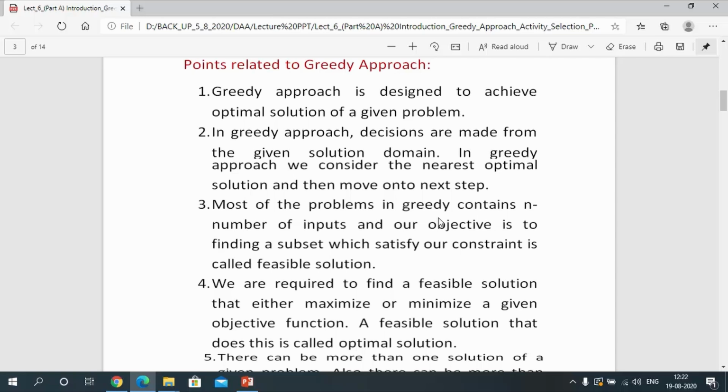Most of the problems in greedy contain n number of inputs, and our objective is to find a subset which satisfies our constraint, and this subset, when we have the set, is called a feasible solution.